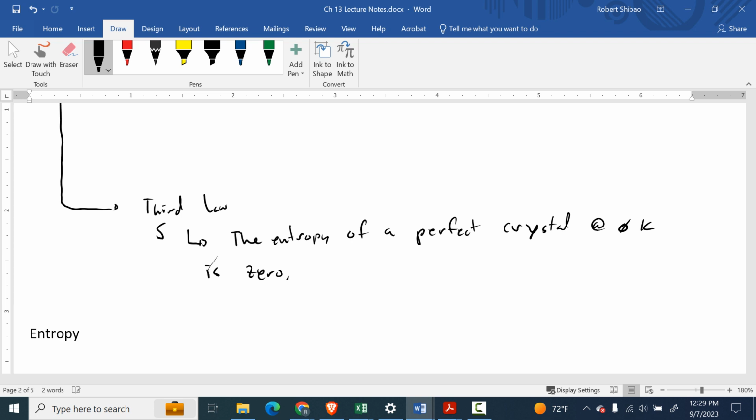You know what this does? This gives us an absolute 0 of entropy. In thermodynamics, we don't have absolute zeros. Think back. What is the absolute 0 of internal energy?